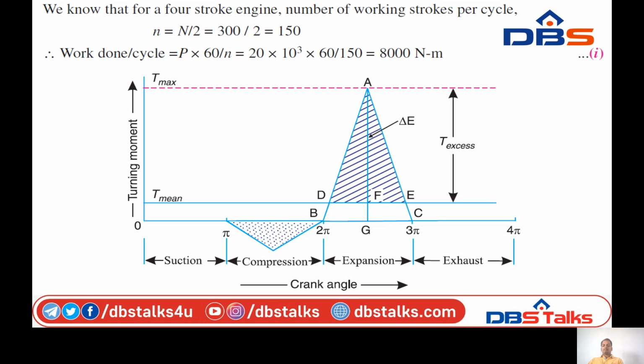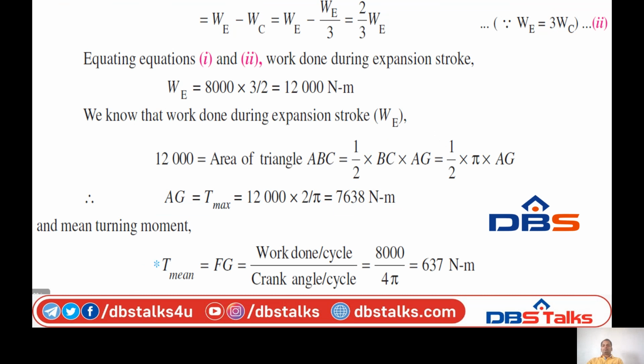Since it is given that the work done during the suction and exhaust strokes is negligible, the net work done per cycle is during the compression and expansion strokes only. So WE minus WC equals WE minus W by 3, where the expansion stroke work is 3 times the compression stroke work. So WE equals 3 WC.